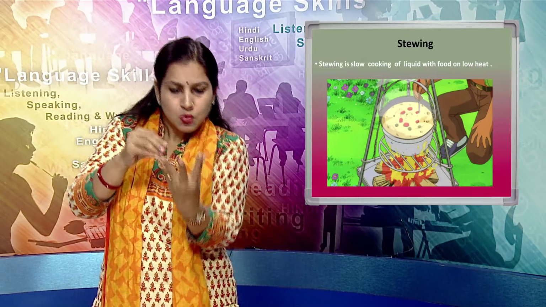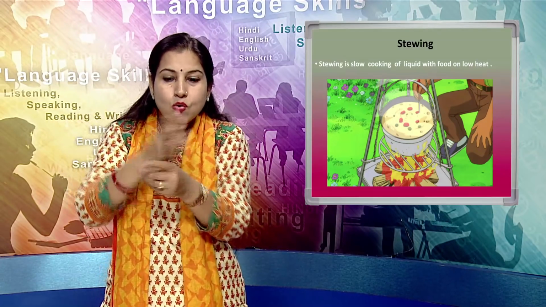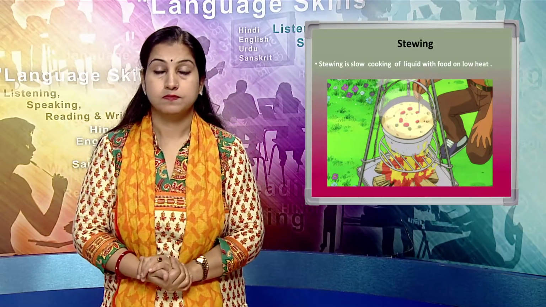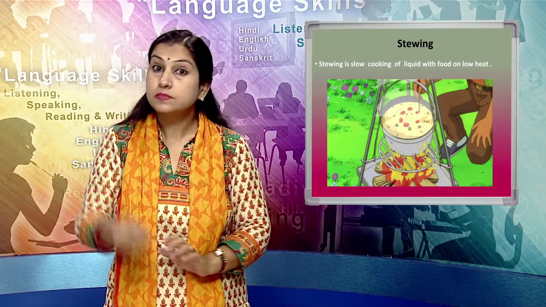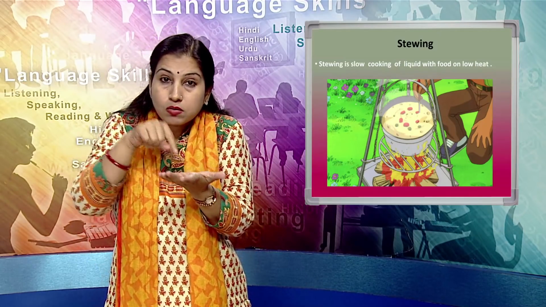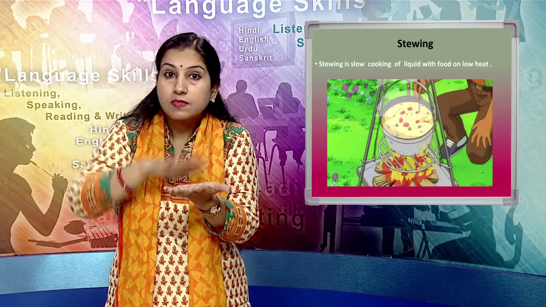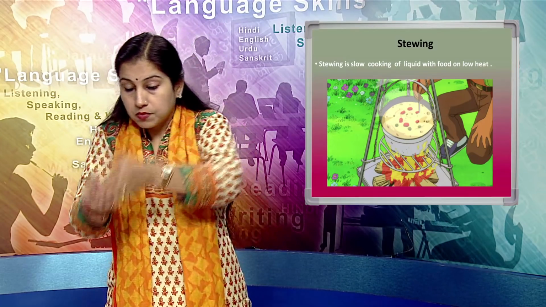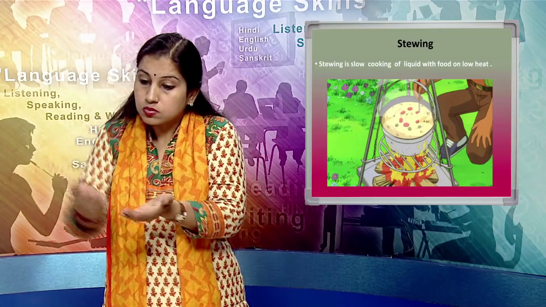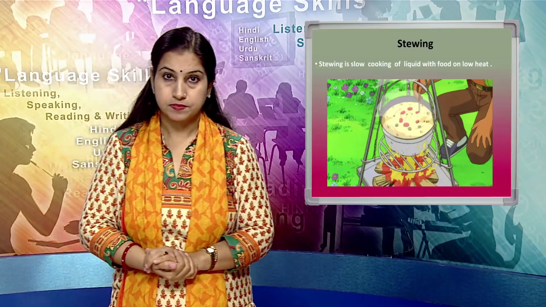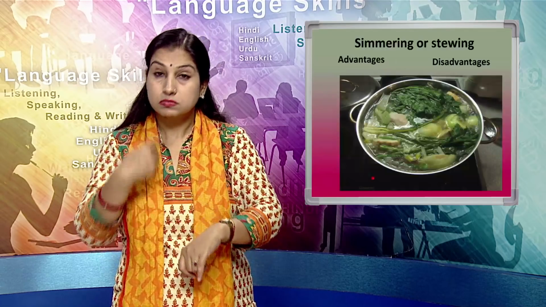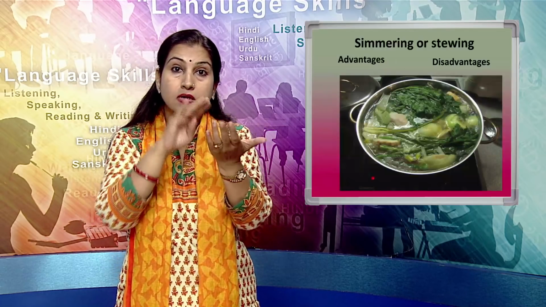This is a slow cooking method. It takes more time. The food and the liquid in which it is cooked are served together. Sometimes we also say simmering as stewing.